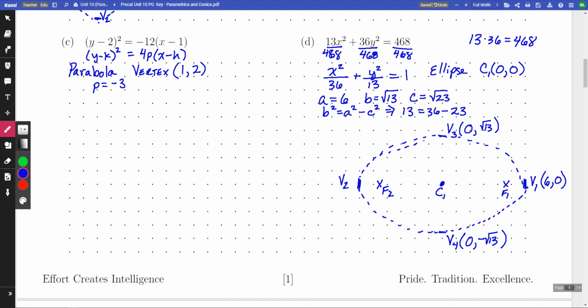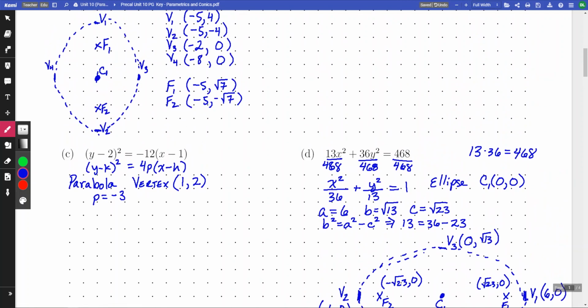And for vertex 2, the same thing, a distance of 6 away, so that's negative 6 and 0. I seem to have space inside to write my foci. I know the distance from the center is c, so for my foci, I would say negative root 23 comma 0 on the left, and root 23 comma 0 on the right. So that gets my ellipses done.